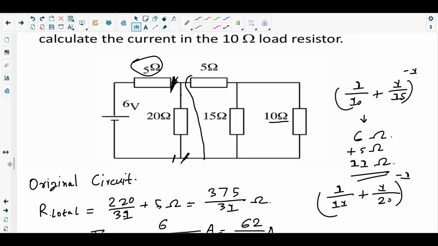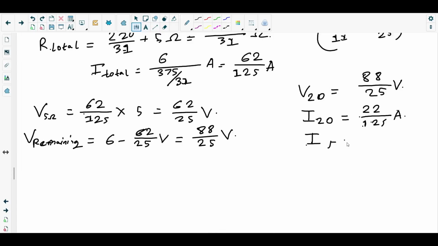So the current through the 5 ohm resistor, I5, is the total current 62 over 125 minus 22 over 125, which gives 8 over 125 amps.